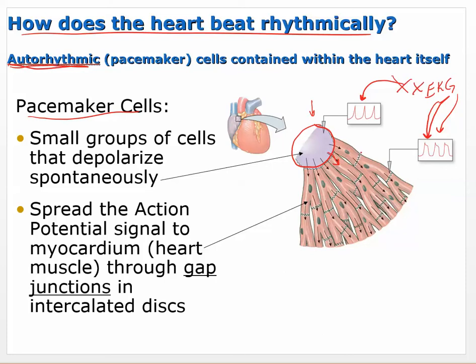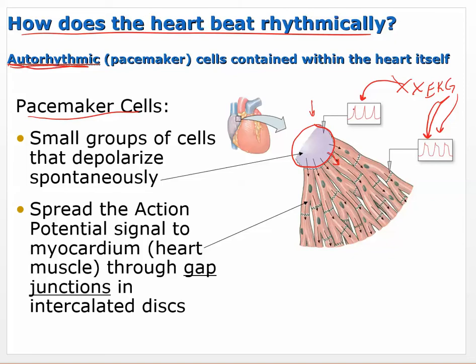It could probably detect them, and I'm sure some EKGs are powerful enough that they can see the depolarizations that happen in the autorhythmic cells. But normally when we're looking at an EKG, we're looking at the massive, just tons, I'm exaggerating, but there are a lot of myocardial cells compared to these autorhythmic cells.